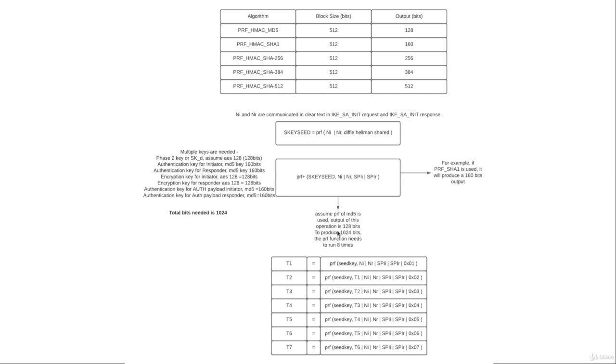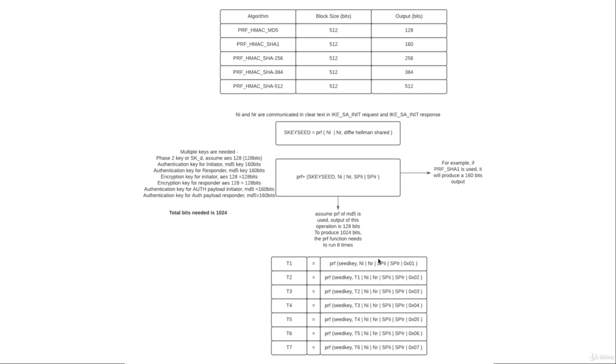So, to get that many bits, we need to run the pseudo-random function multiple times. However, to make the output different each time it runs, we have to chain the output in the next operation. So, here we determine that we need to run it 8 times. First run will produce T0, second time will produce T1 and so on.